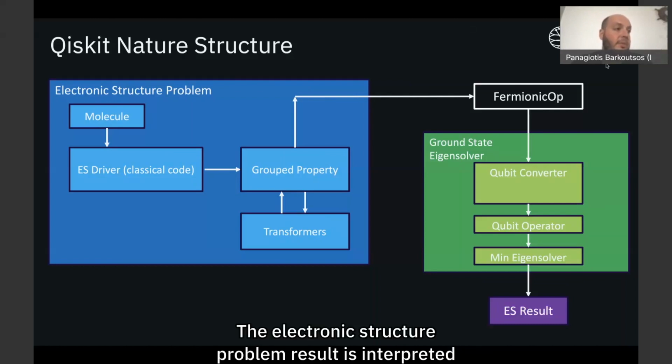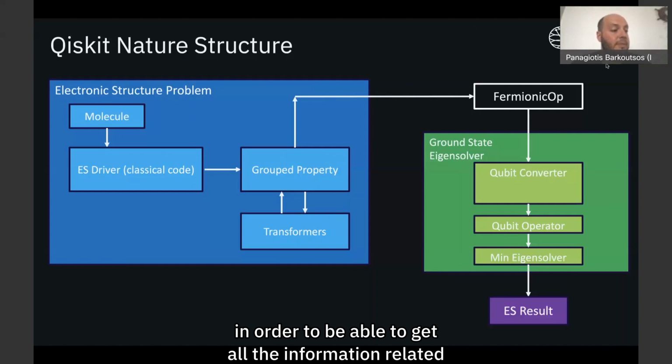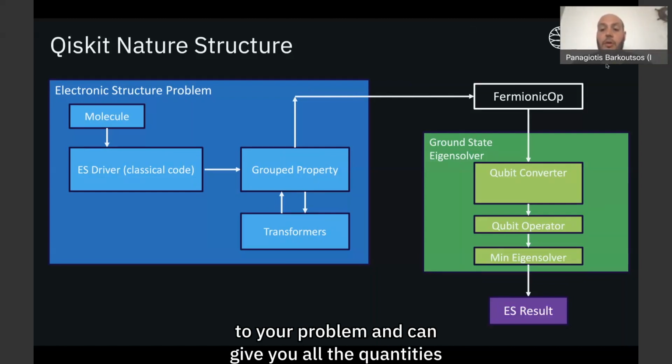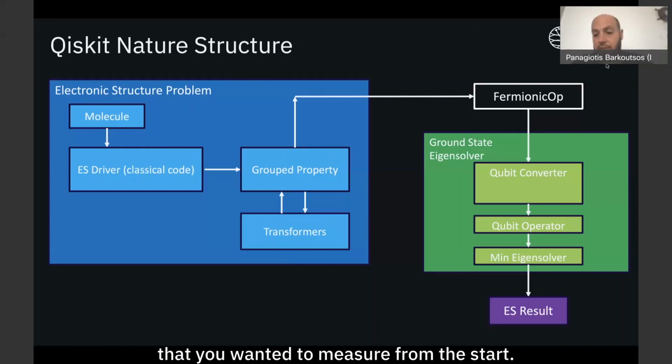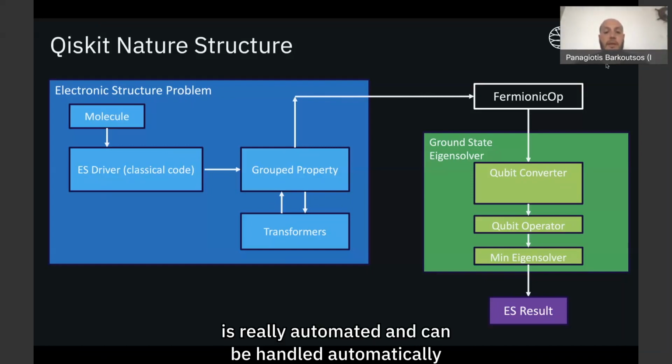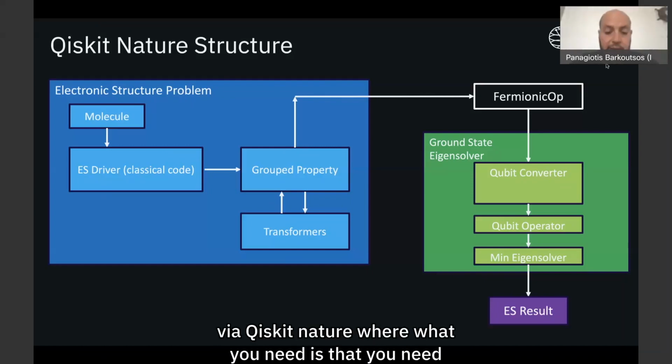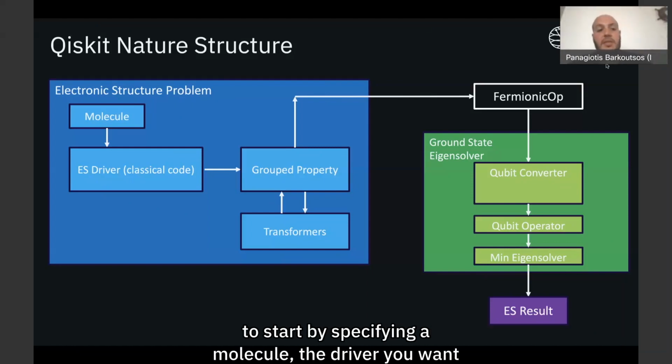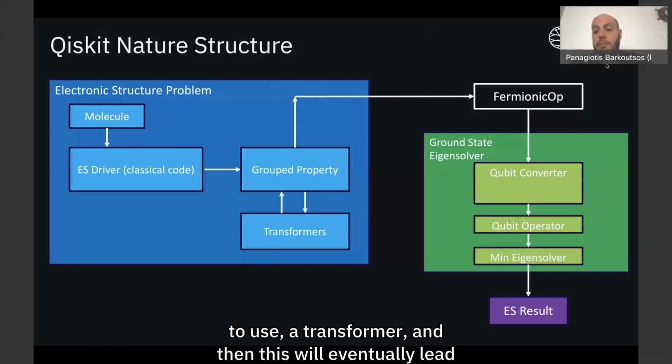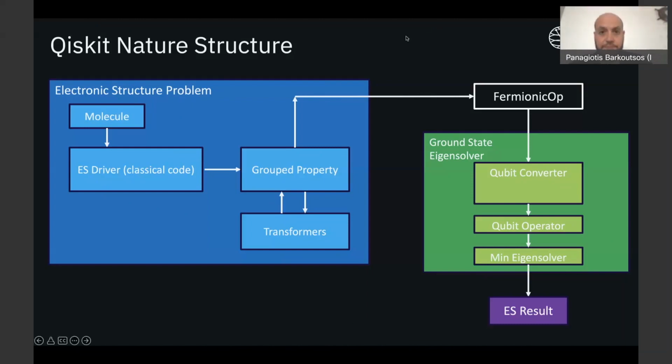The result is interpreted in order to get all the information related to your problem and all the quantities that you wanted to measure from the start. It is important to say that this whole flow is automated and can be handled via Qiskit Nature, where you need to specify a molecule, the driver you want to use, and a transformer, and this eventually leads to an electronic structure result.